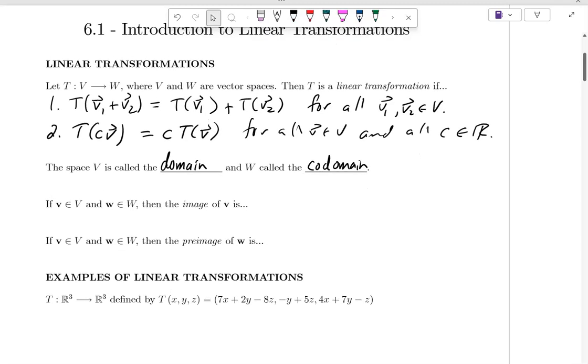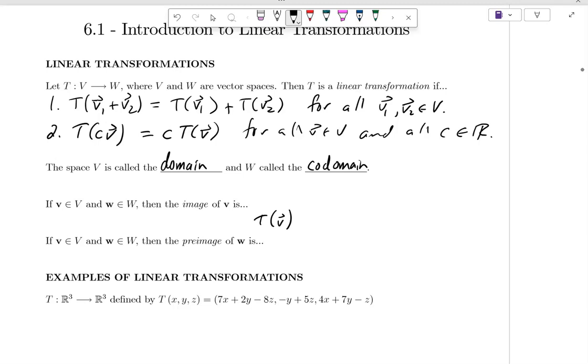If you hear about image and pre-image, the image of V is simply just the output. It is what you get when you plug V into the function. Now, again, it's a function, right? So if I put one thing in, how many things am I allowed to get out? Just one, right? However, if I have something that came out, does that mean only one thing mapped to it to start with?